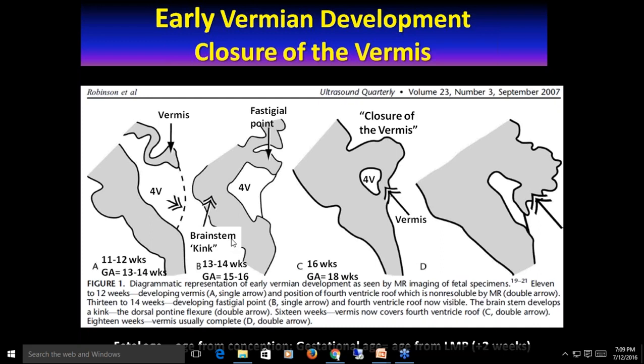As gestational age continues, at around 16 weeks from conception or 18 weeks from last menstrual period, the closure of the vermis occurs. In this event, we can see that the roof of the fourth ventricle covers completely. By 18 to 20 weeks, there is complete vermian development. The vermis has reached its normal full development.